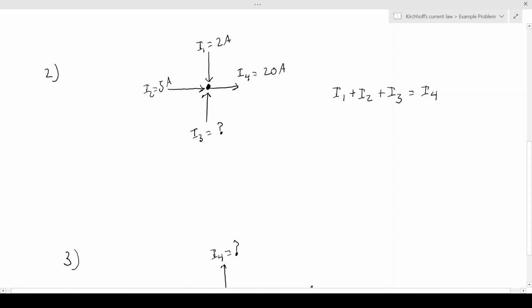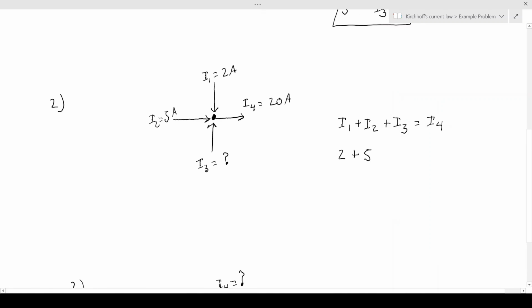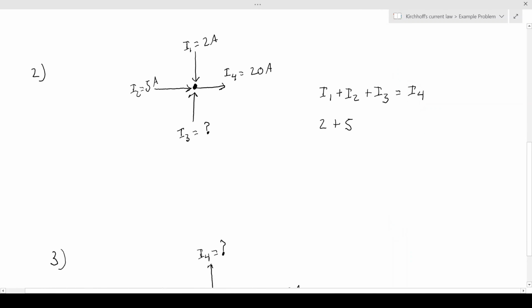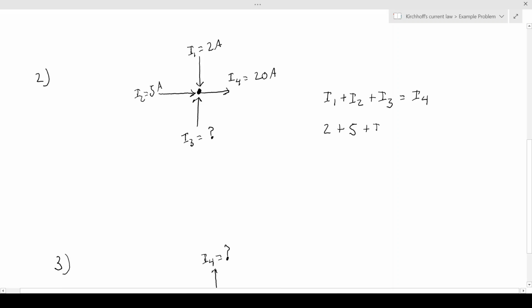So what we're going to do is we're going to plug in our values and solve for the unknown current, in this case I3. So I1 is equal to 2, I2 is equal to 5 amps, I3, we don't know the value for I3, so we're just going to keep it as its variable, and I4 is equal to 20 amps.